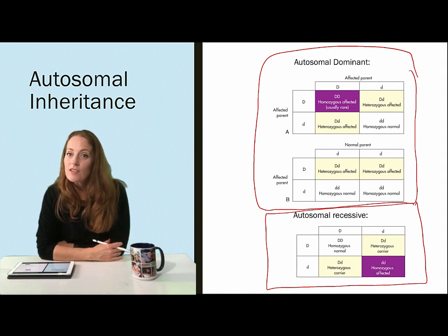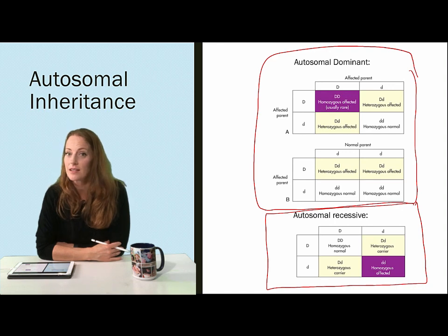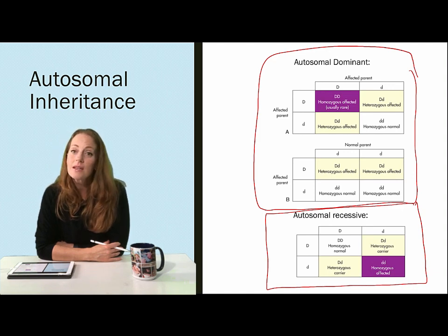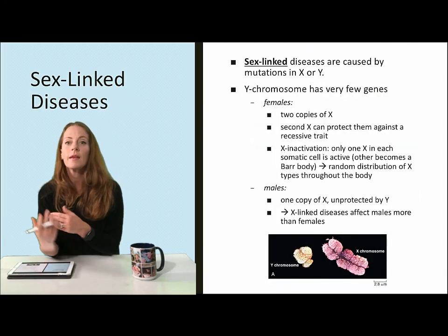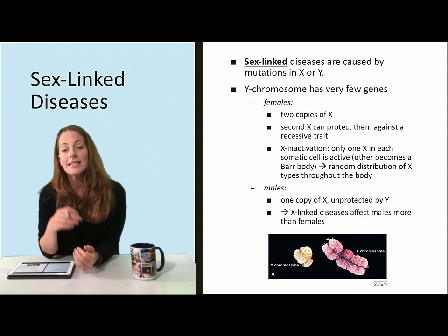And the terminology that we use is affected parent, affected offspring, unaffected parent, unaffected offspring, meaning that they don't have the disease, or carriers. And remember that carrier is only used in terms of recessive because they carry the gene, but they don't express the trait. Now let's look at sex-linked diseases.